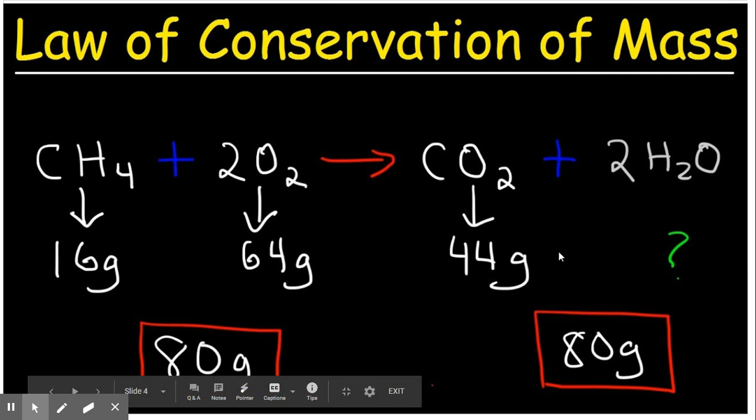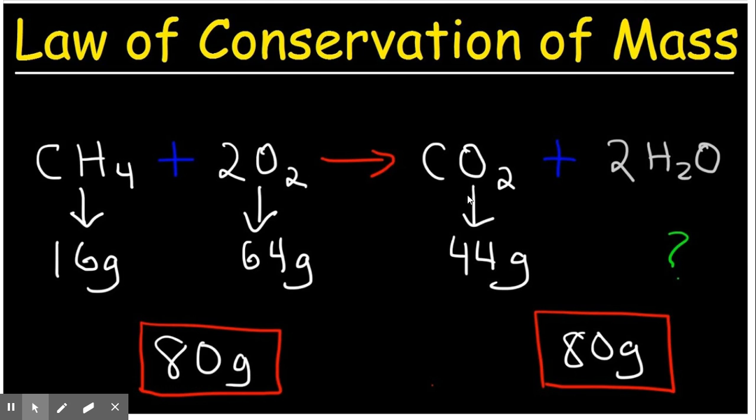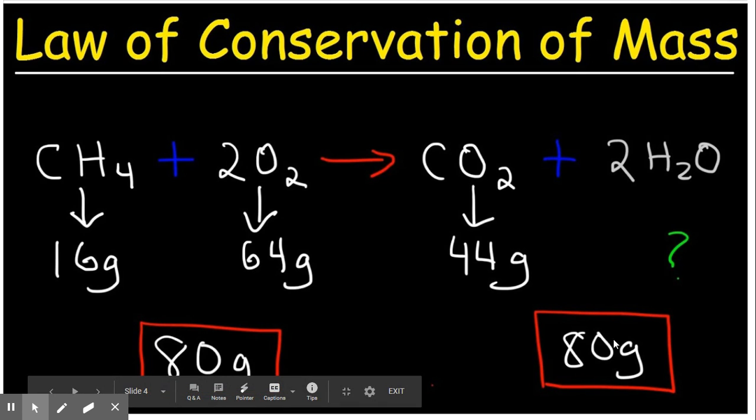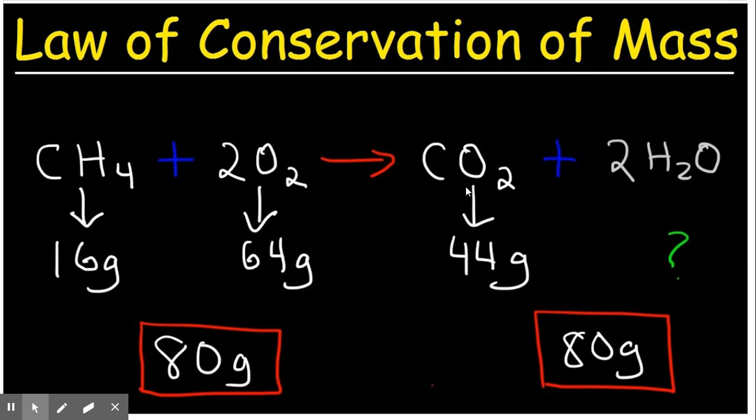So you may get a question that looks like this. If we have 80 grams to start with, and we have 80 grams to finish with, and 44 of those grams are taken up with carbon dioxide, then how many grams of water do we have? And so because this has to equal 80 over here, 44 of them are taken up with carbon dioxide.